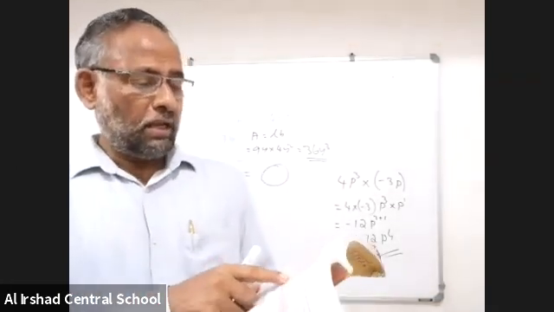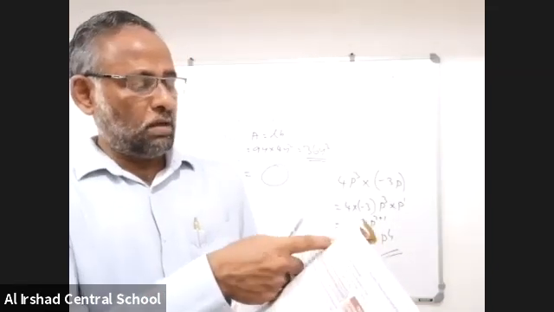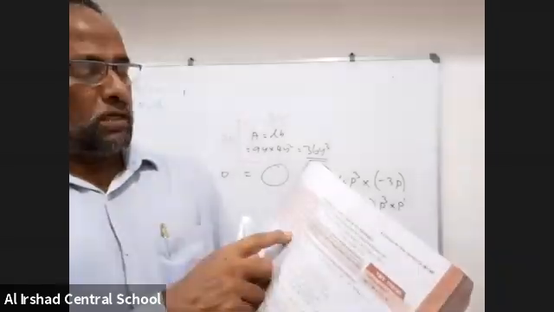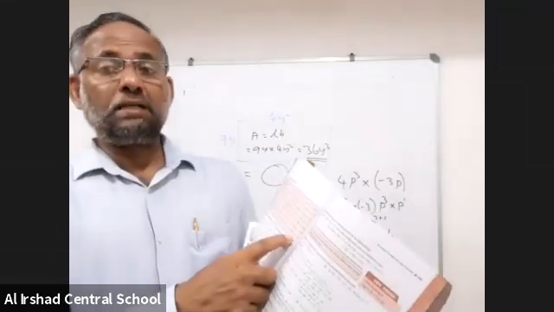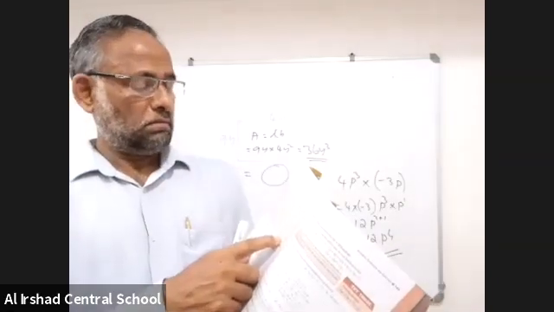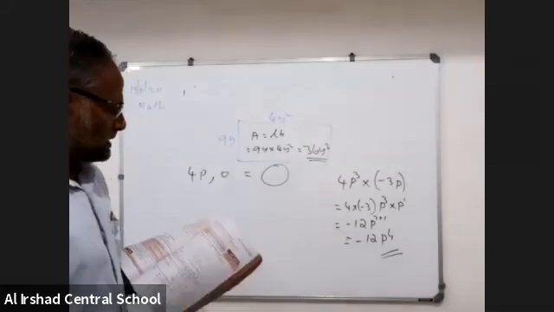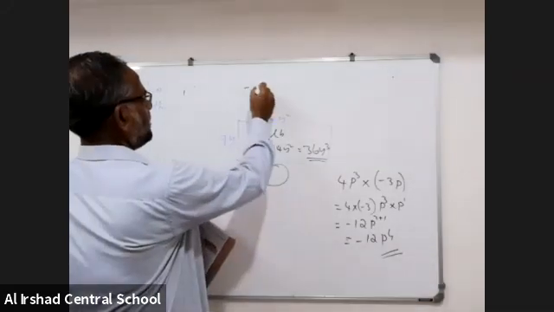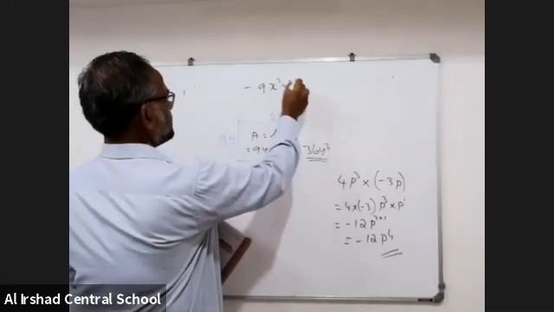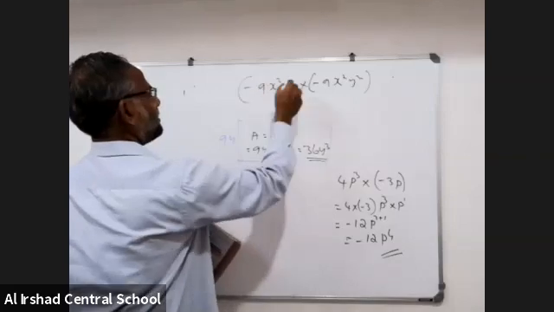Now tell me the last one: minus 9s square y square into minus 9s square y square. What is the answer here? I told you to put it in a bracket.